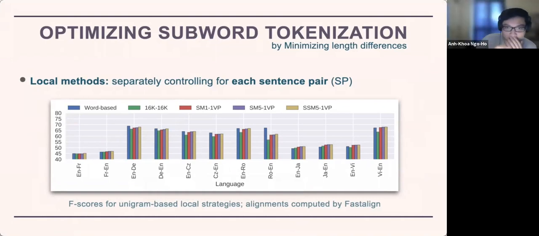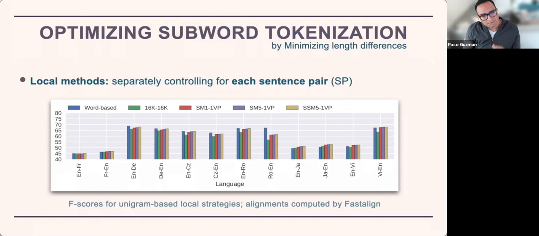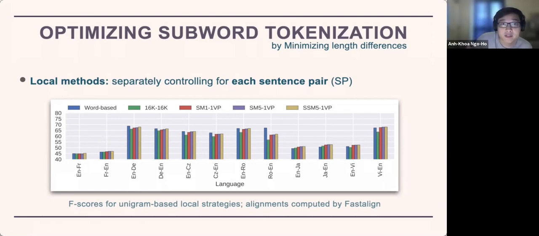I think I explained these figures because here, for all of the methods, for example SM1, 1VP, SM5, SSM5, they are based on the 16K vocabulary size. The difference here is that we do sampling on this vocabulary pair. So in some cases, like English-German, it could be a suboptimal vocabulary pair. For example, if we had 32K, we could have a better score. But here, because we do the sampling with the unigram, we have to select one vocabulary pair to do the sampling.